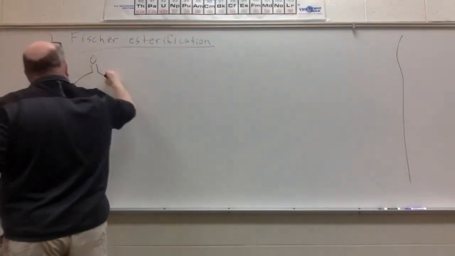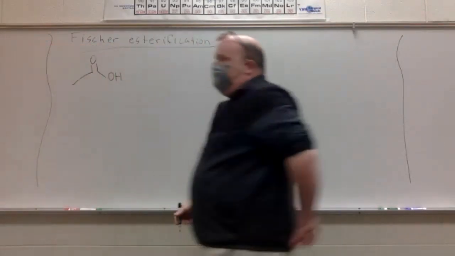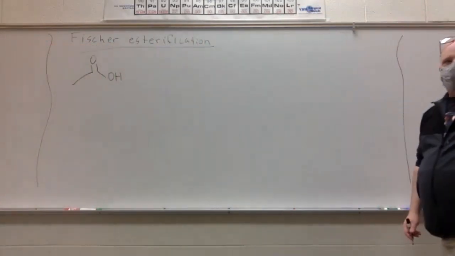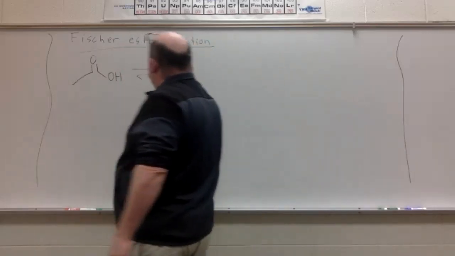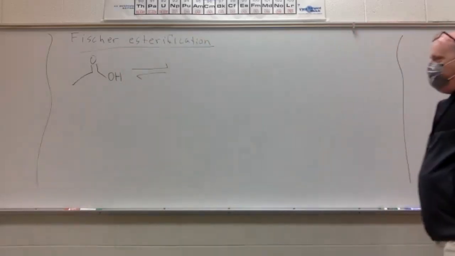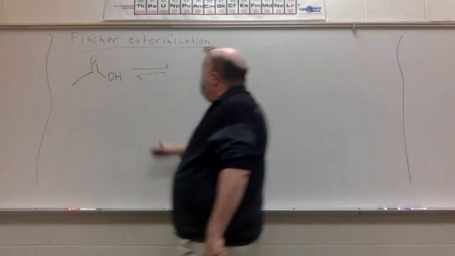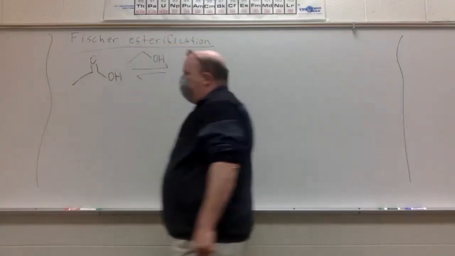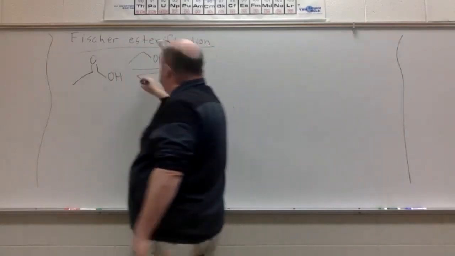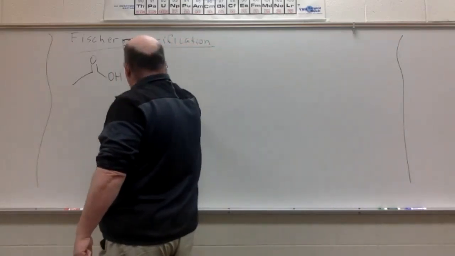To do a Fischer esterification, you need a carboxylic acid. Just like the acetal formation, it's actually an equilibrium reaction. You need an alcohol, and you need a strong acid catalyst, such as sulfuric acid.